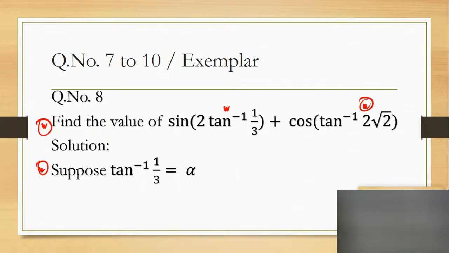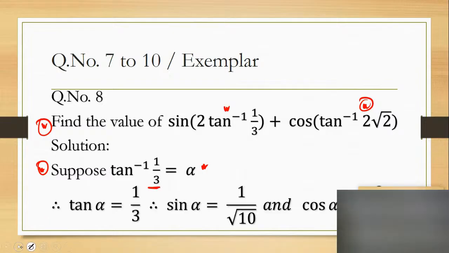Suppose tan inverse 1 by 3 equal to alpha, therefore tan alpha equal to 1 by 3. So let's see here, tan alpha equal to 1 by 3, therefore sin alpha equal to 1 by root 10 and cos alpha equal to 3 by under root 10. Hope there is no problem to understand up to this step.